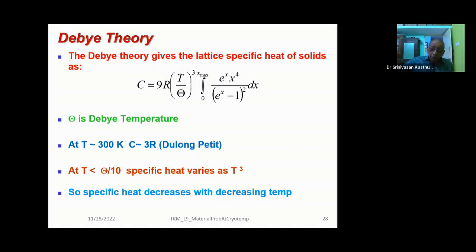So lower temperature means it varies as T cube. That means it keeps on decreasing, and then becomes more or less a constant. That is why the specific heat varies with decreasing temperature. So this is what was proposed by Debye.